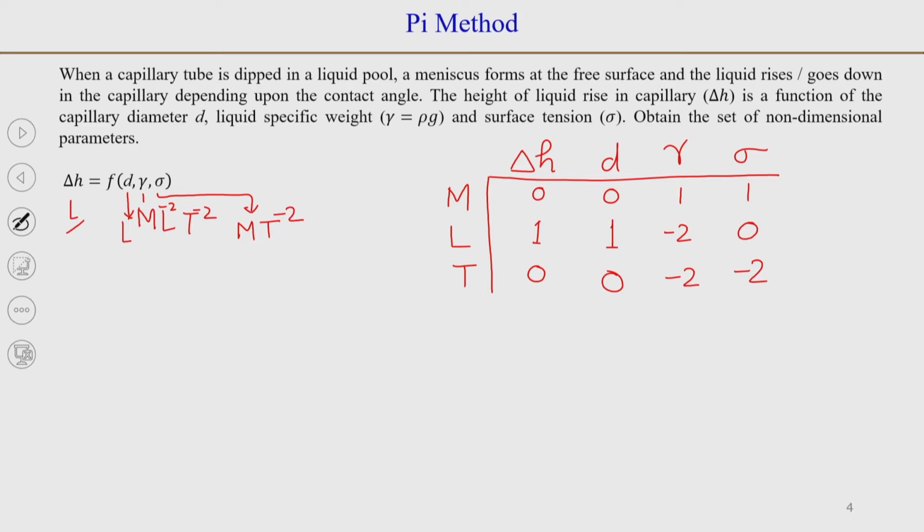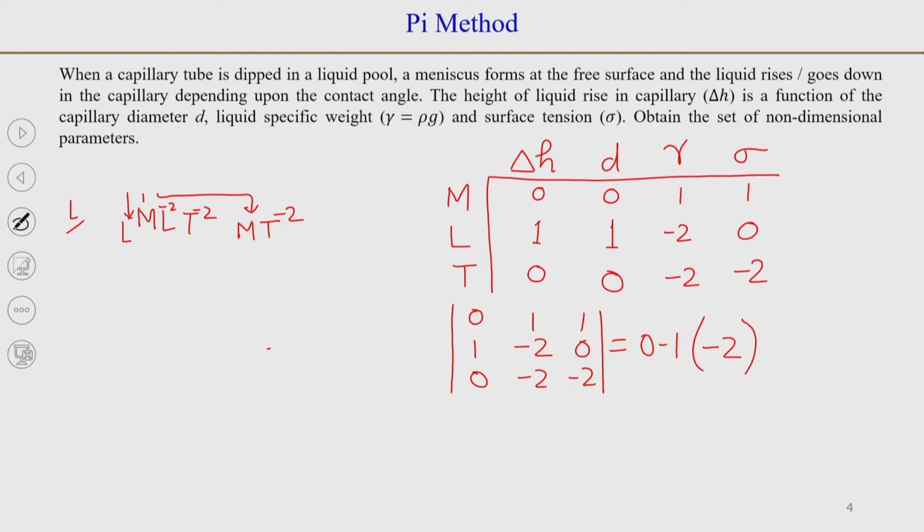If we take the largest determinant from this dimensional matrix, which will be of 0 1 1, 1 minus 2 0, 0 minus 2 minus 2, the value will be 0 minus 1 into minus 2 minus 0 plus 1 into minus 2.